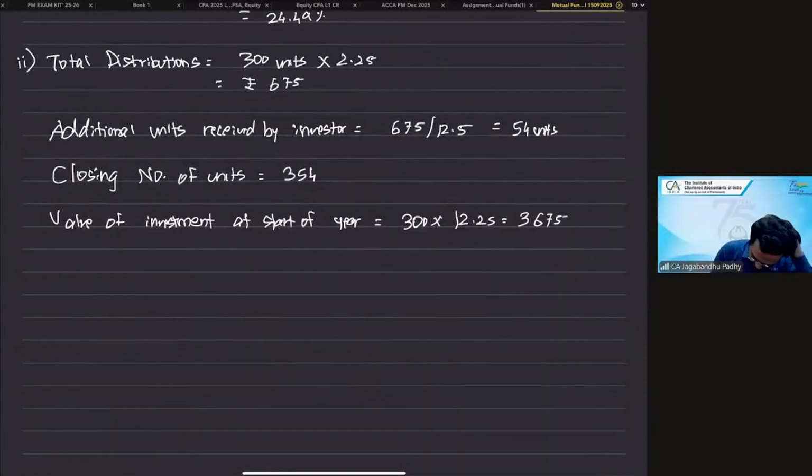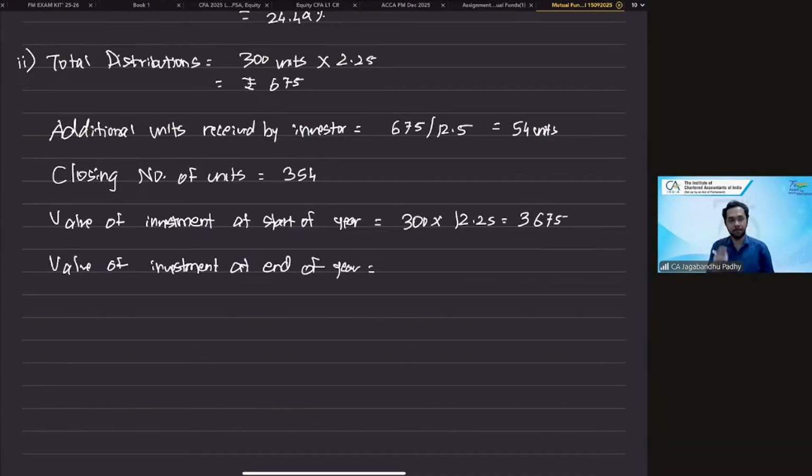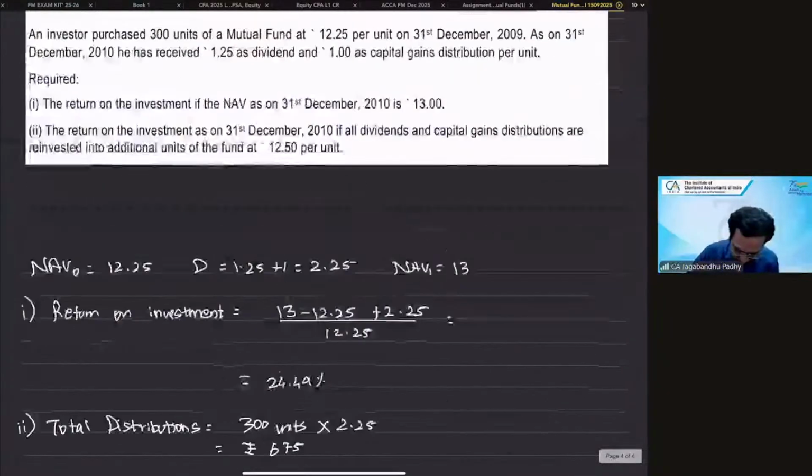Then, what is the value of investment at the end of the year? 354 into 13.